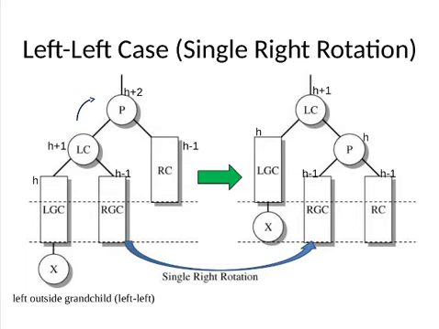Further, the height of this subtree is also restored to h plus 1, which was the case before insertion of X. Hence, no balance factor violations are introduced further upwards in the tree.